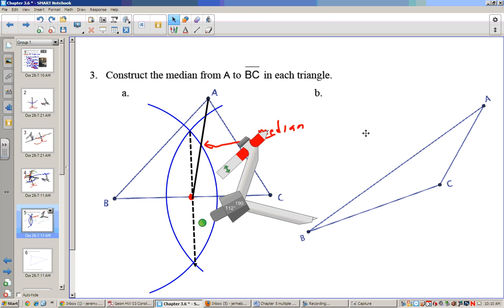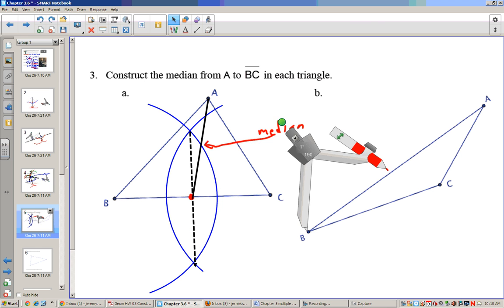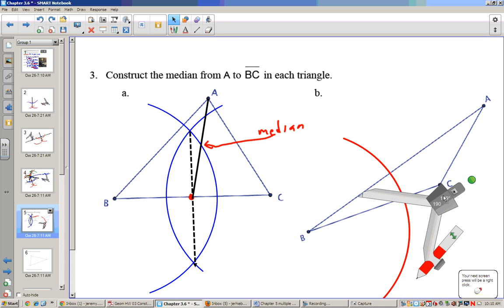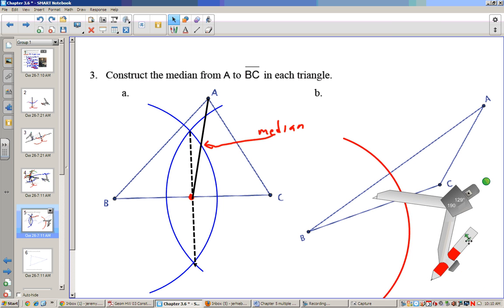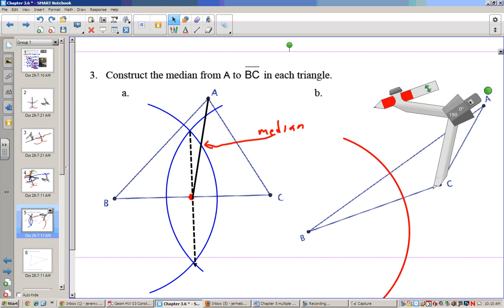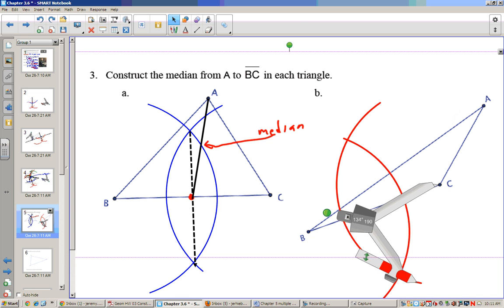If I do it on an obtuse triangle, it's the same exact construction. Make your arc. Come over here. Make your other arc.